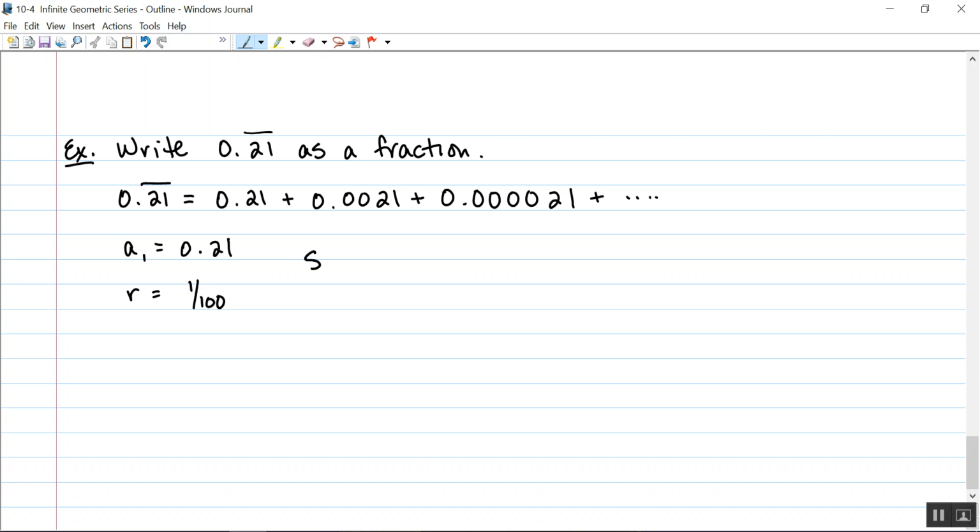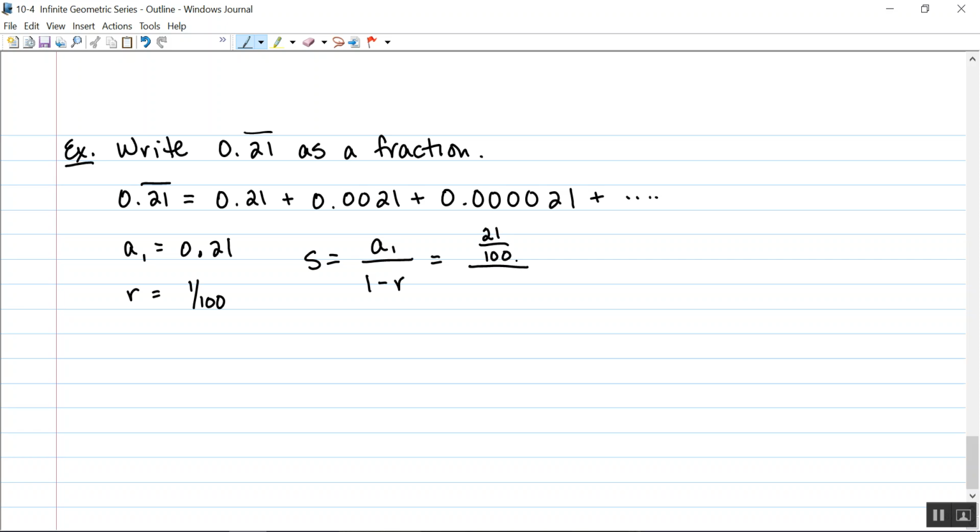So using my formula, S equals a sub 1 over 1 minus r. I kind of like fractions, so 0.21 is 21 over 100.